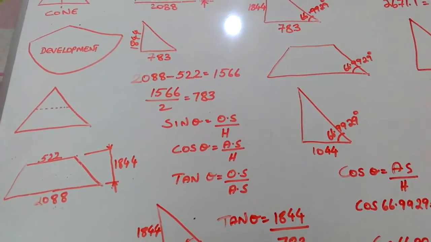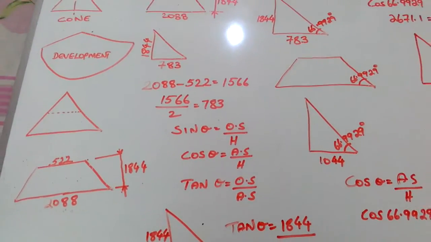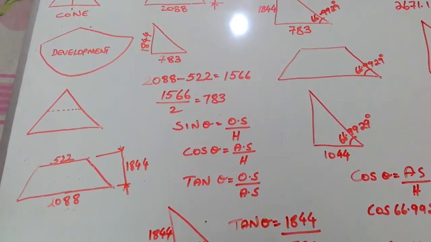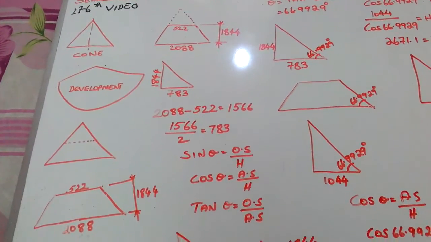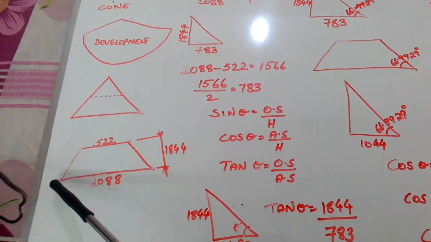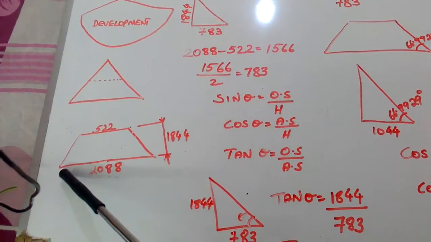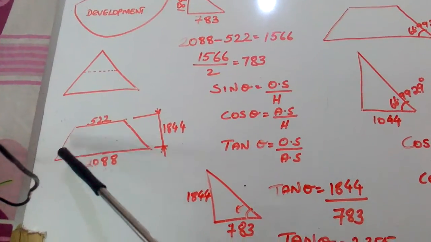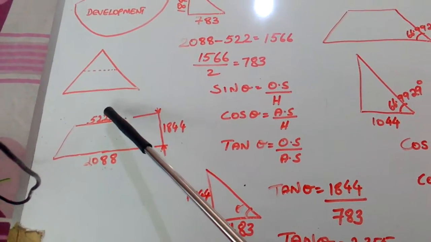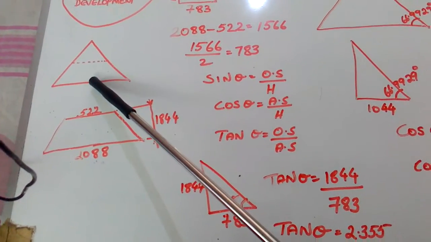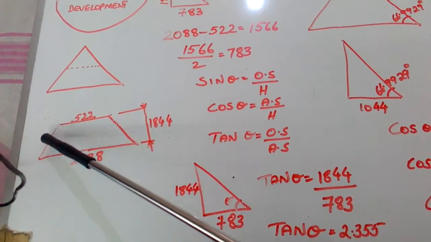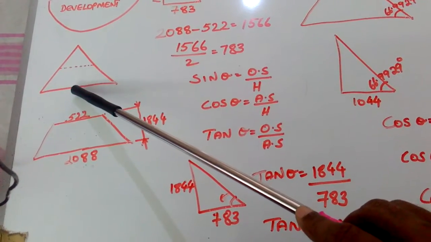Earlier, in some episodes, I taught you how to find out that radius. Everybody knows it. This is the part of one cone. Just think, if this line is extended, it will reach here, approximately. This line also will be extended, and it will reach here, approximately.